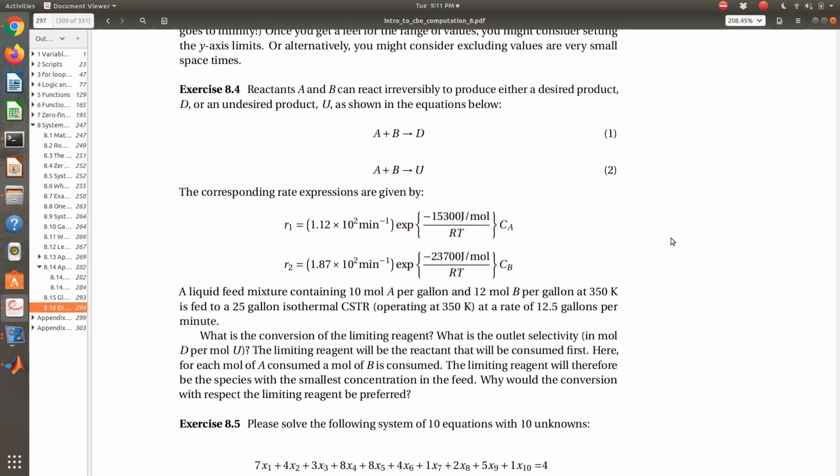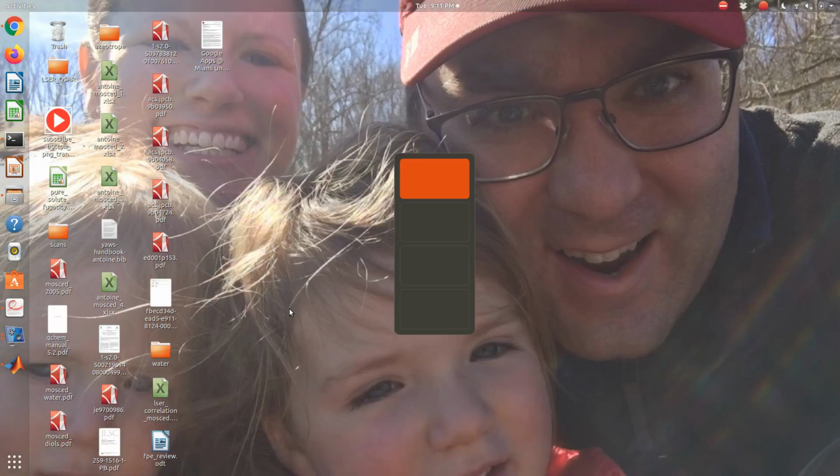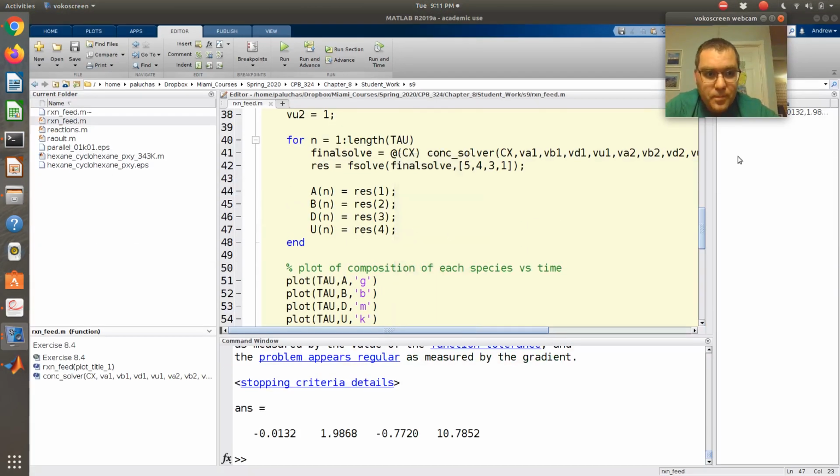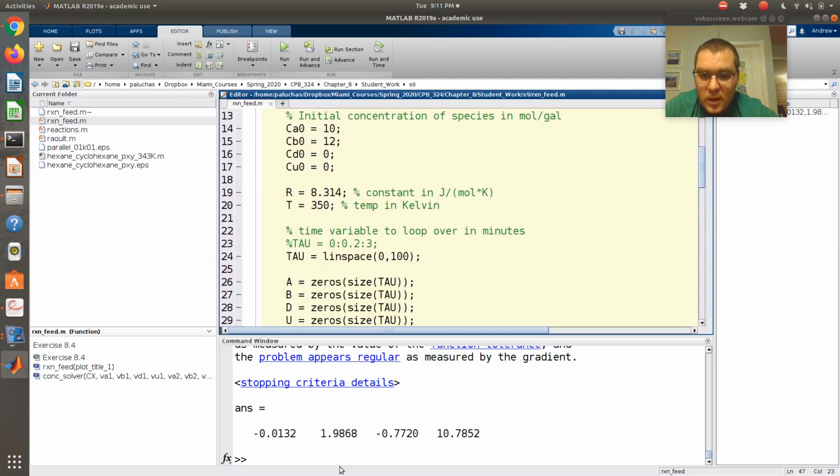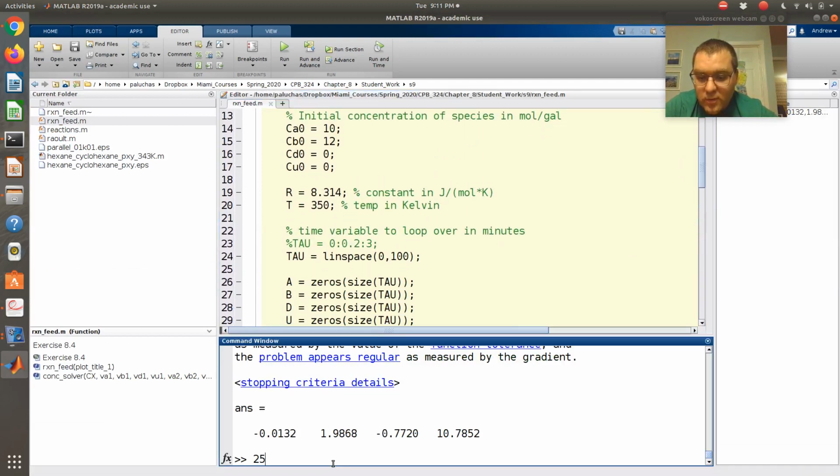How we might be able to save face is we're looking at a specific tau value. We have a 25-gallon reactor, so let's see if we can calculate our tau. Actually, let's just do it here. So we have a volume of 25 gallons.